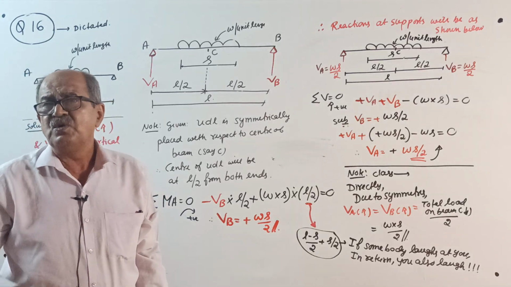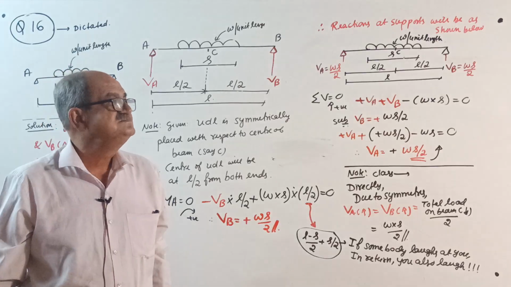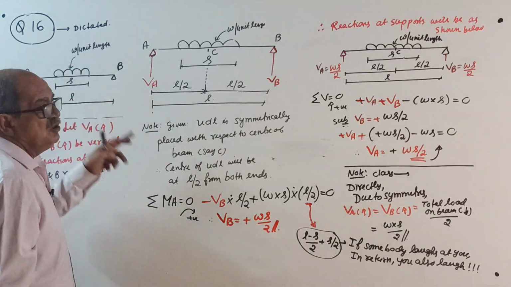In the bracket, make a note, S is less than L. If S is equal to L, it will become full UDL.